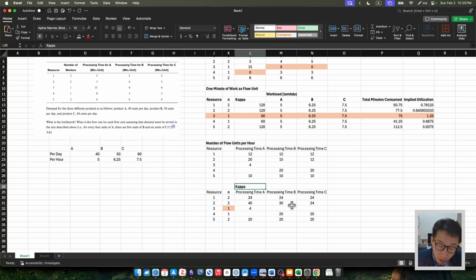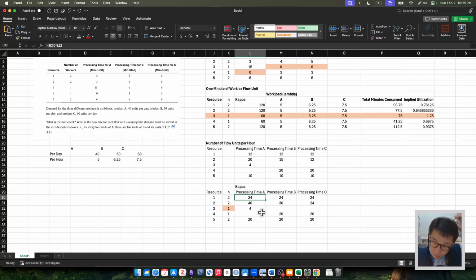However, you should be careful in interpreting it, because 24 here basically means when you're dedicating resource 1 wholly, entirely to flow type A, then you can make 24. But you're not only taking care of A, you also need to take care of B and C. So how does that whole thing come into play in this case?